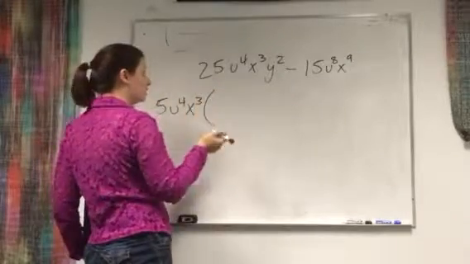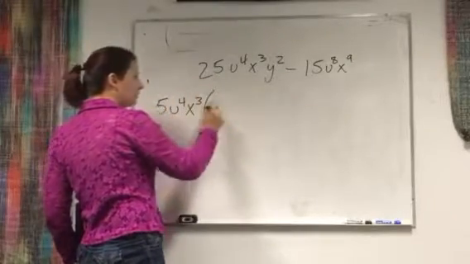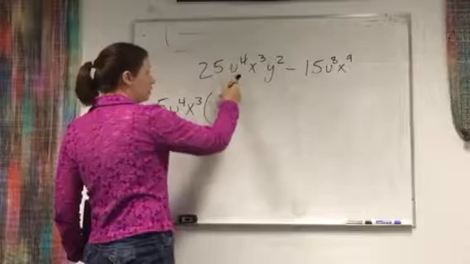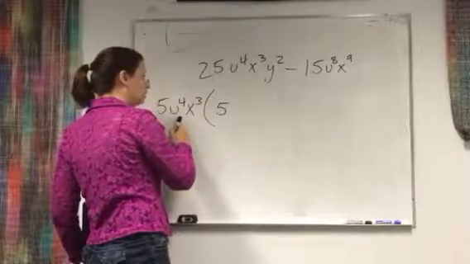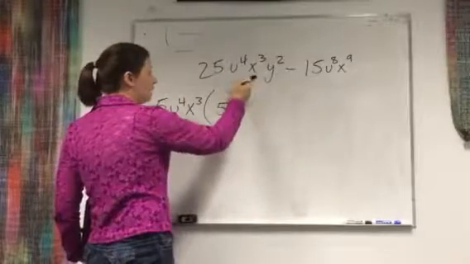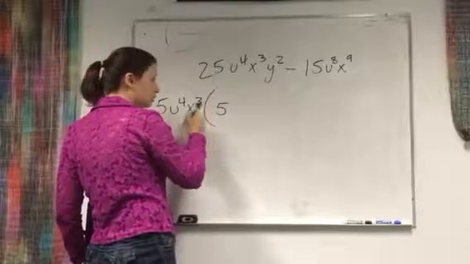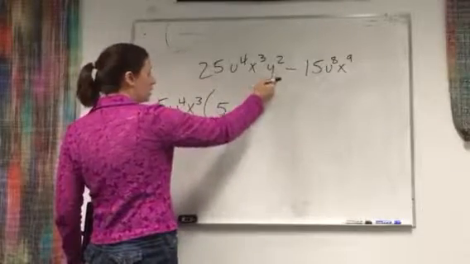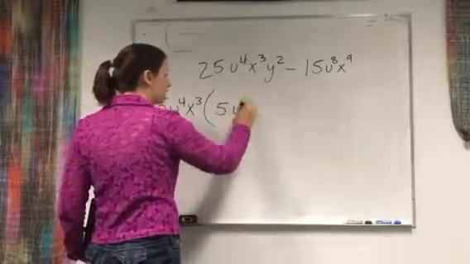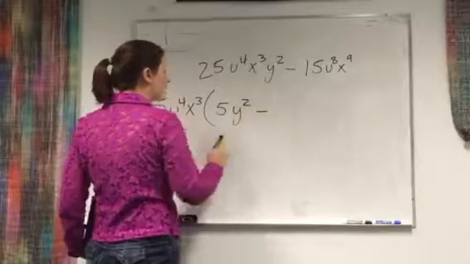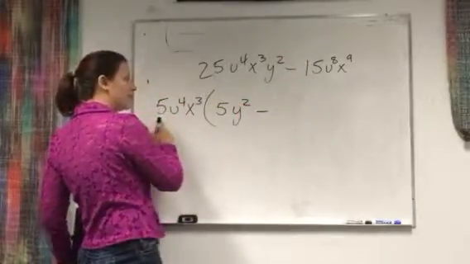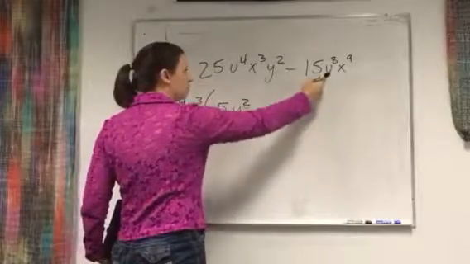So then what's left? 25 divided by 5 is 5. U to the fourth, take away 4, well, that's no u's. X cubed, take away 3 x's, no x's. Y squared, take away no y's, so y squared. Minus 15 divided by 5 is 3.